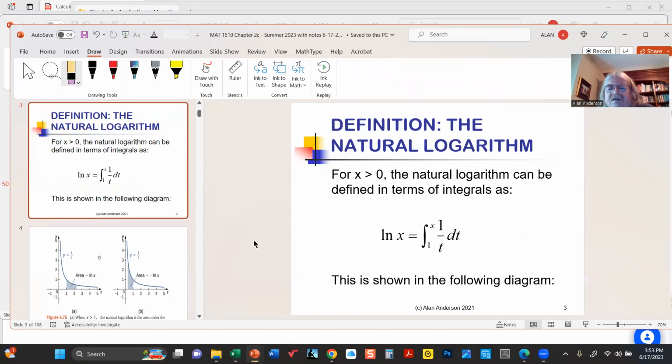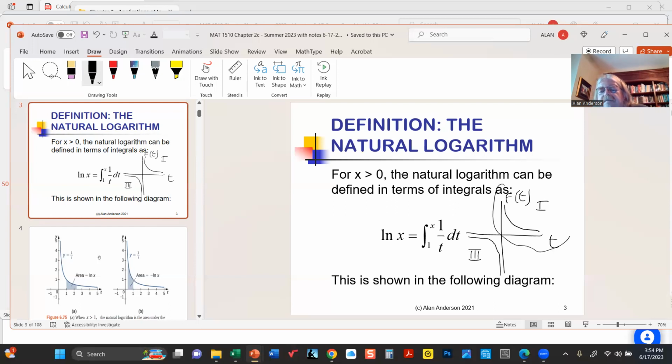What you've got here is this. 1 over t looks like this. But if you notice, we don't need to worry about the third quadrant because the logarithm is only defined for positive numbers. So this is what we're after right here.